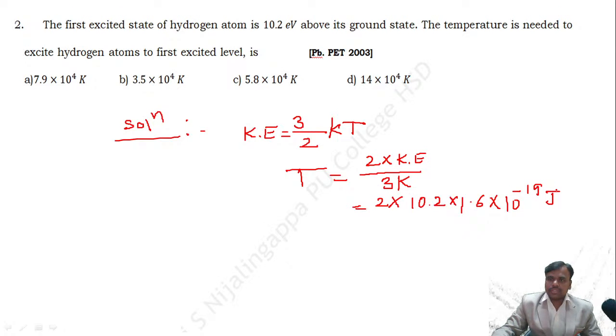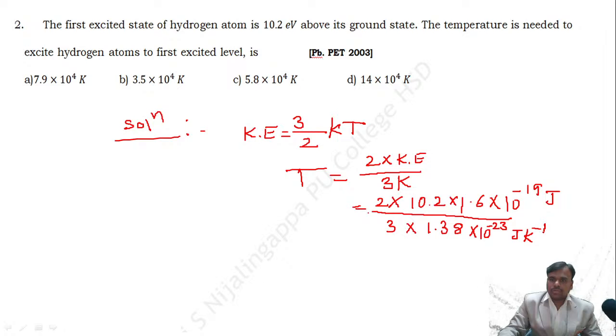The unit of energy is now joule, whole divided by 3 into k, where k is the Boltzmann constant. The value of the Boltzmann constant is 1.38 into 10 to the power of minus 23 joule per Kelvin. Here joule gets cancelled.